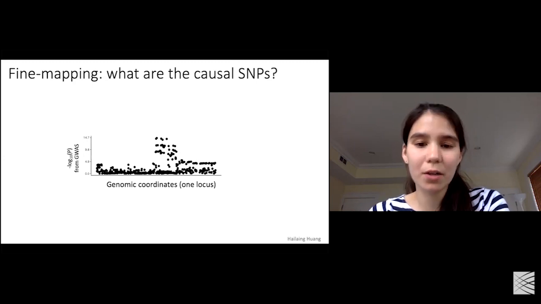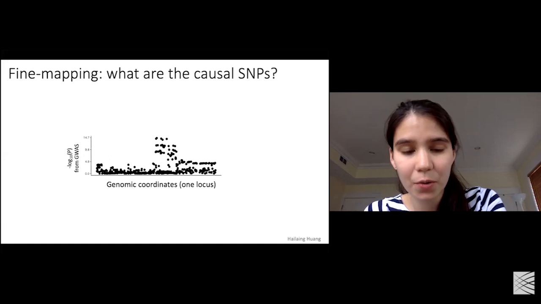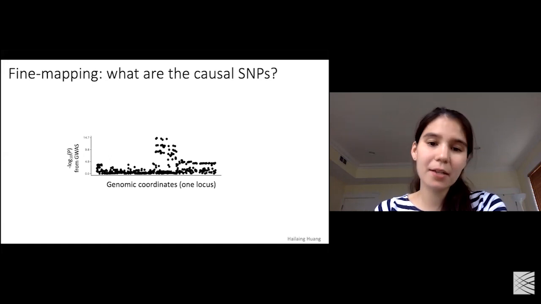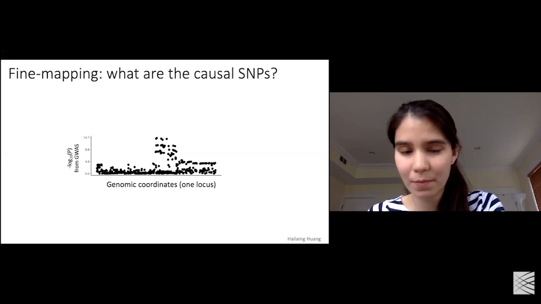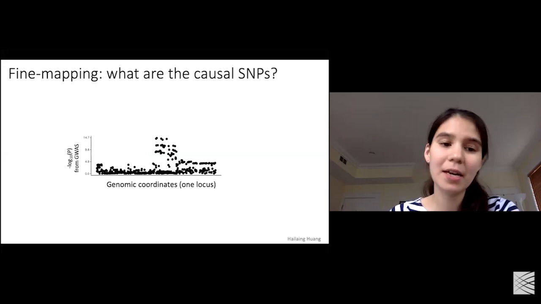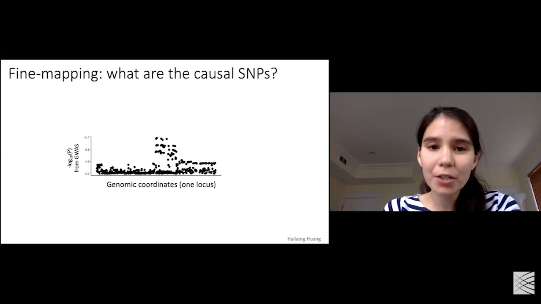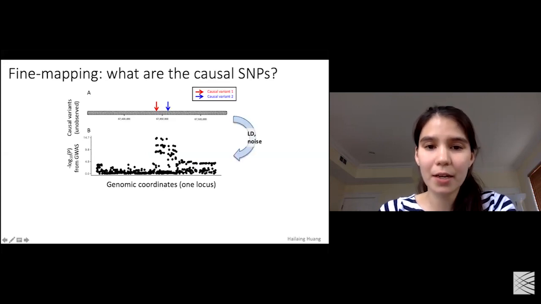Typically when we zoom in on a locus, we might see something like this. Here we've got genomic coordinates on the x-axis and level of significance on the y-axis. This is an example from Hailan Huang's IBD analysis. What we imagine is going on is that there's actually a simple underlying causal structure.